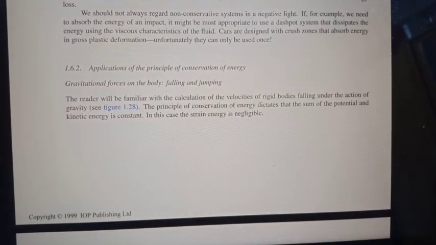Gravitational force on a body: falling and jumping. The reader will be familiar with the calculation of the velocity of a rigid body falling under the action of gravity. The principle of conservation of energy dictates that the sum of the potential and kinetic energy is constant. In that case, the strain energy is negligible.